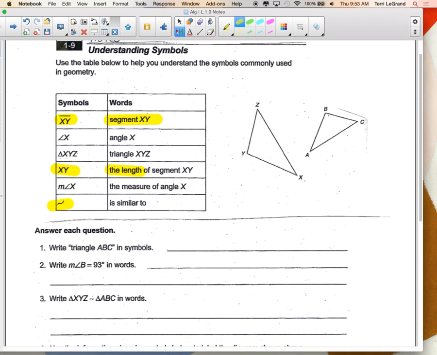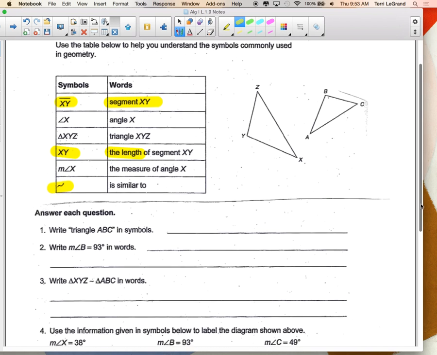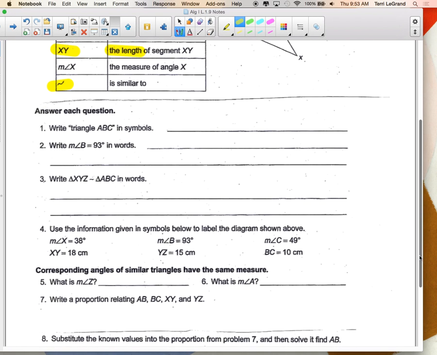So in this particular one, I want you to start by doing 1 through 3, answer each question. Write triangle ABC in symbols, and then you have 2 more to do, and the other 2 are to do in words.